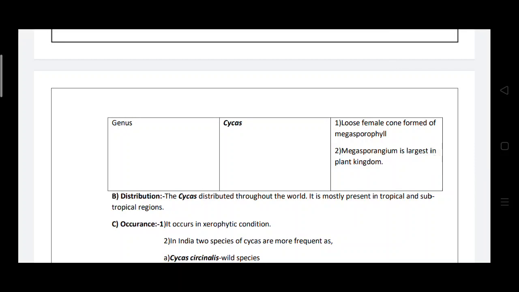But here the Cycas plant is mostly present in tropical and subtropical regions. That means moderate rainfall and a moderate climate are there in that area, and in those places these types of plants are observed.